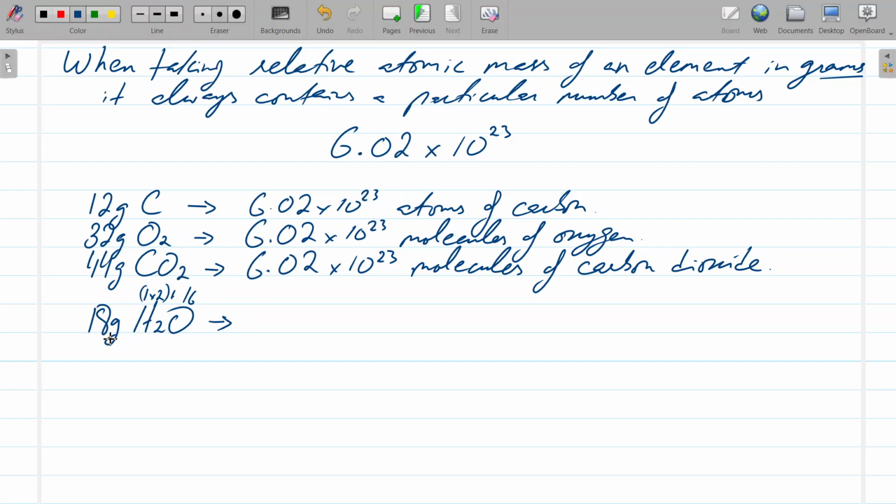And so when you're taking 18 grams of water, which we can very easily measure out, because in terms of pure water, 1 gram is 1 ml, you can take 18 mL. Since 18 grams corresponds to the relative molecular mass of water, how many molecules of water are you going to have in there? You are going to have 6.02 into 10 to the power 23 molecules of water.